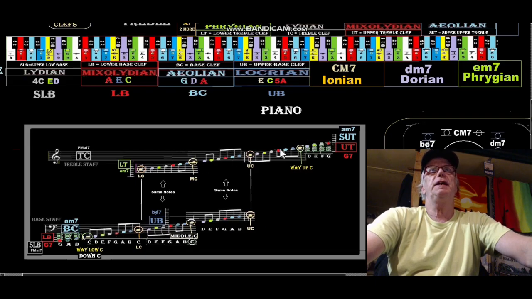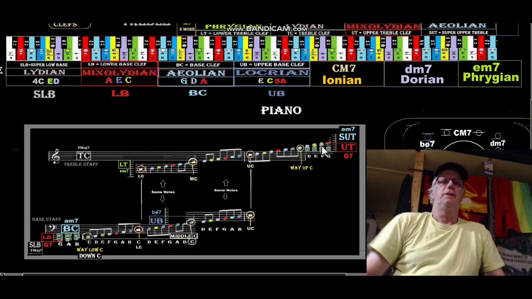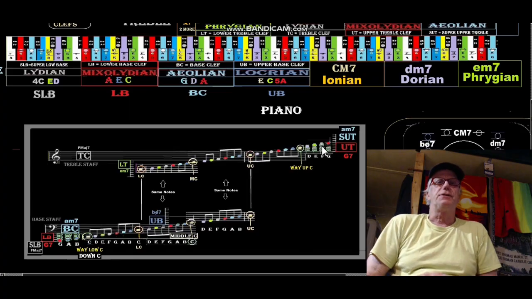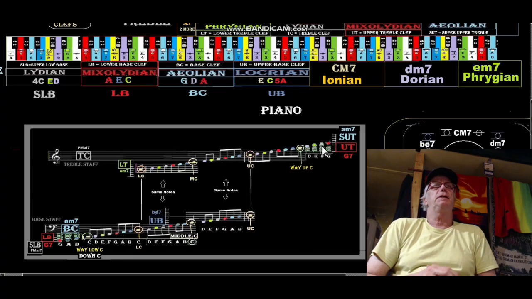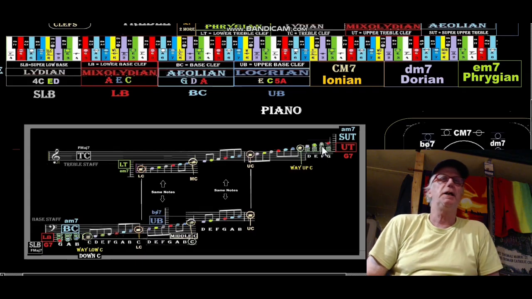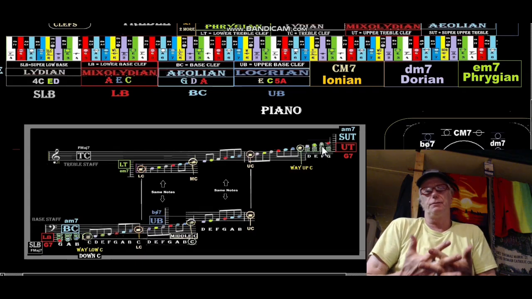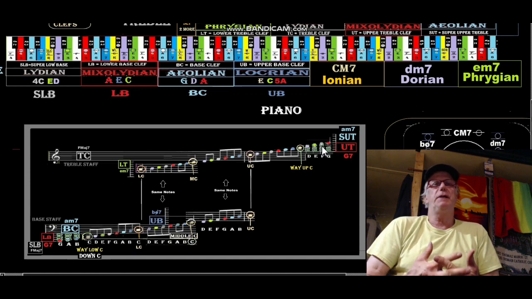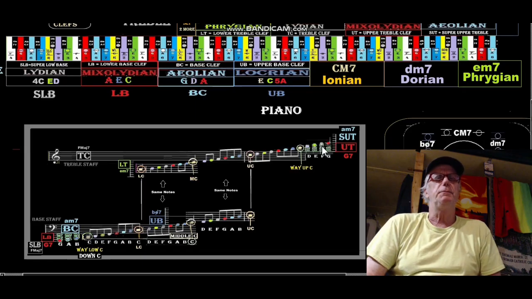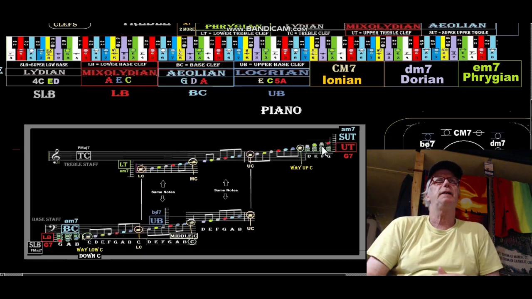I tried to get AI to color the notes on the guitar, let's say, the free AI I had originally. Now I have a little bit better AI because I joined Microsoft Personal, which is $10 a month, but I haven't really pushed the envelope on that.